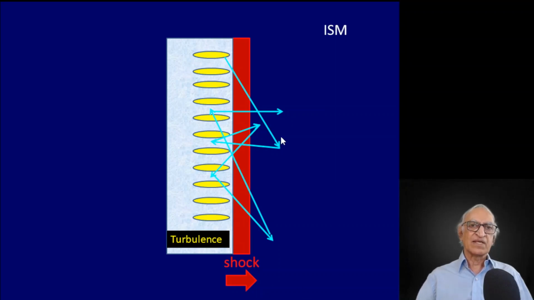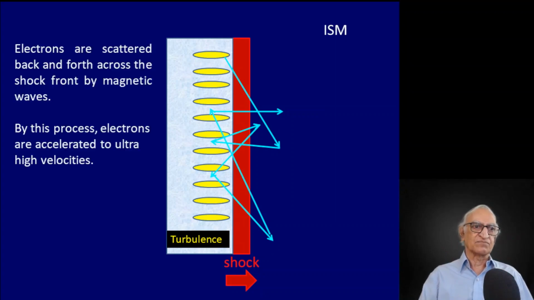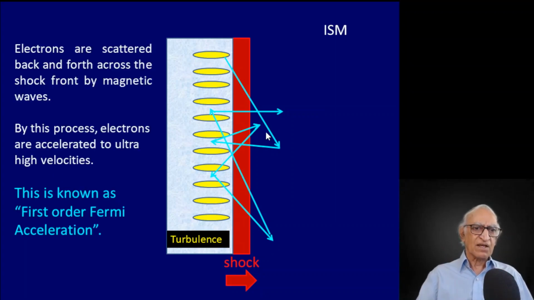And so in each scattering, it gains energy, which is first order in v over c. Whereas in the previous mechanism, the gain in energy was proportional to v squared over c squared. Here, the gain in energy in each collision is proportional to v over c. But eventually, the electrons will be accelerated to relativistic speeds, and this is known as the Fermi acceleration mechanism.